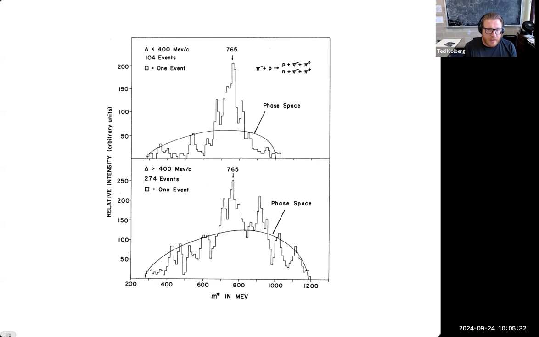And you can see that the typical idea for these experiments is that you inject your beam onto a target. In the case of the bubble chamber, the target is also the detector.